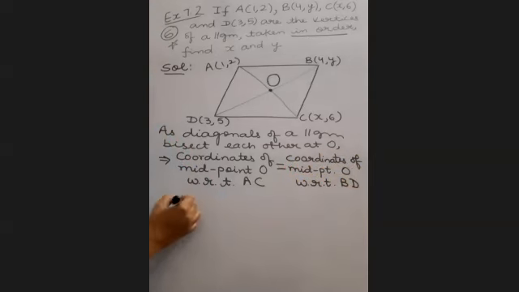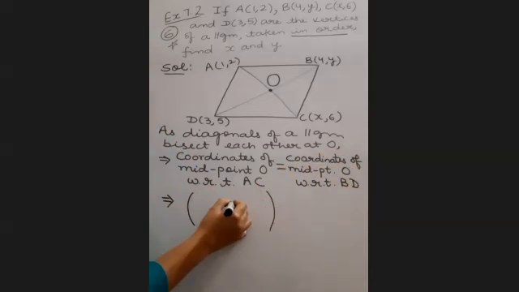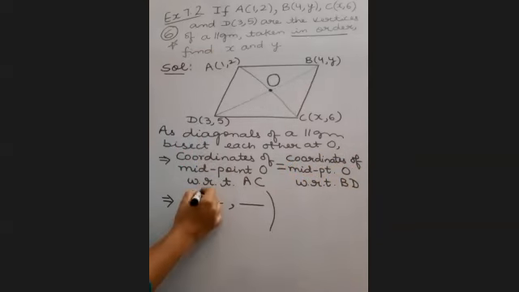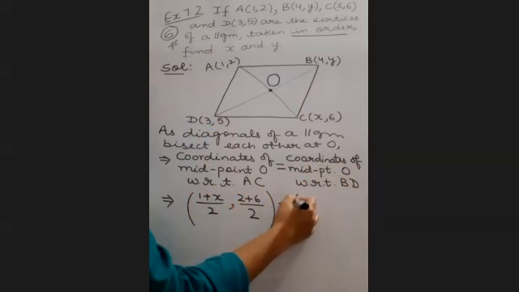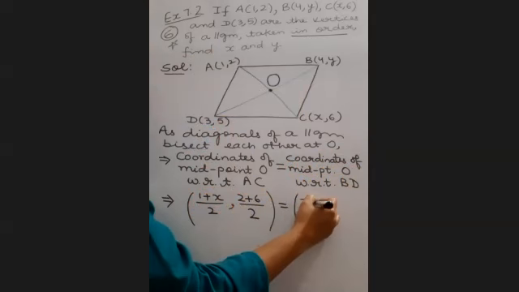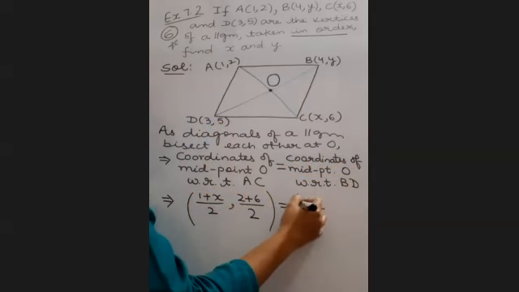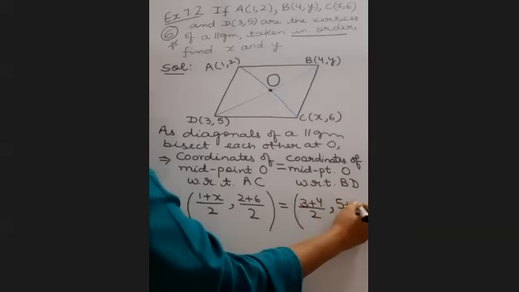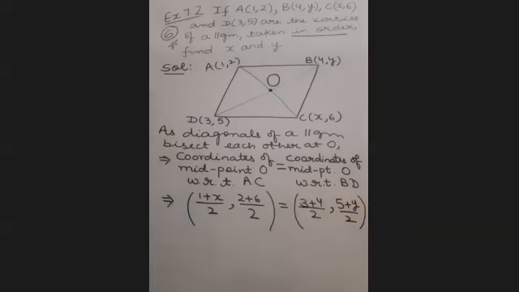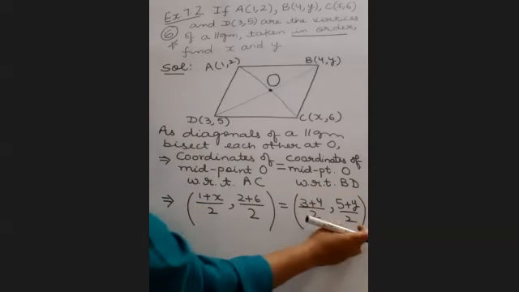This means, as we discussed, let us apply the midpoint formula. (1 plus x) divided by 2, (2 plus 6) divided by 2, and this should be equal to (3 plus 4) divided by 2, (5 plus y) divided by 2. And this is only true if the x coordinate is equal to the x coordinate and the y coordinate is equal to the y coordinate.